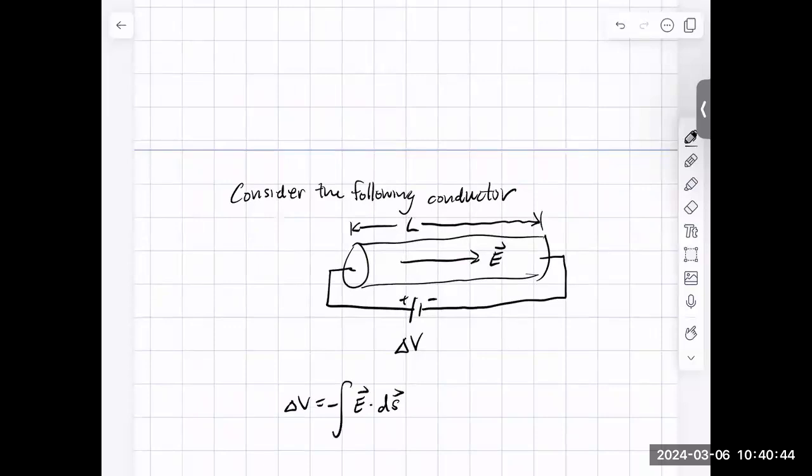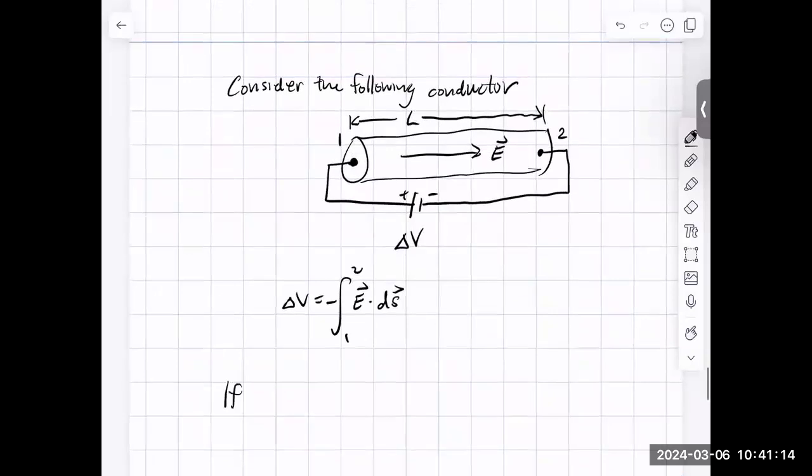changes in potential or changes in voltage when we move through an electric field in this way. And so we imagine we start at point 1 and then we end at point 2, and we want to know what's the change in voltage. Well, to make this simple on ourselves, let's just assume that the electric field inside of our metal is constant.